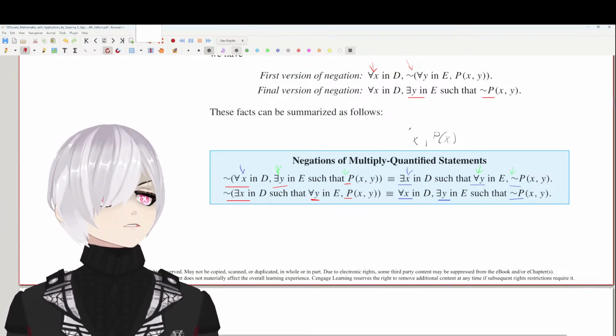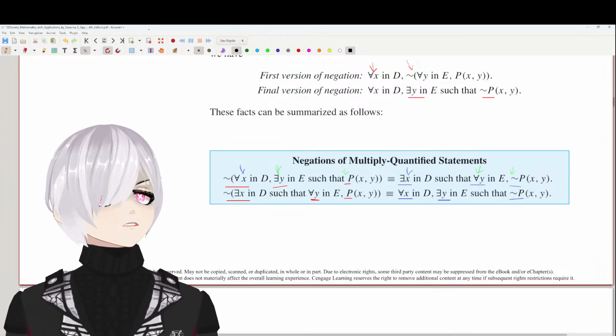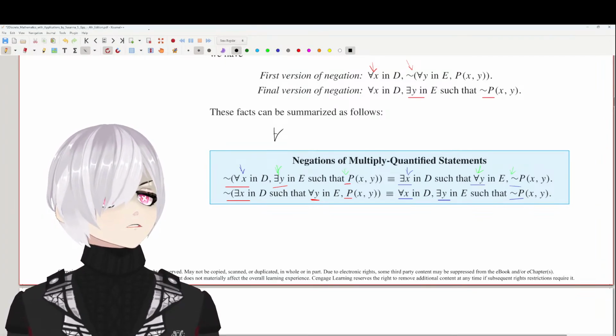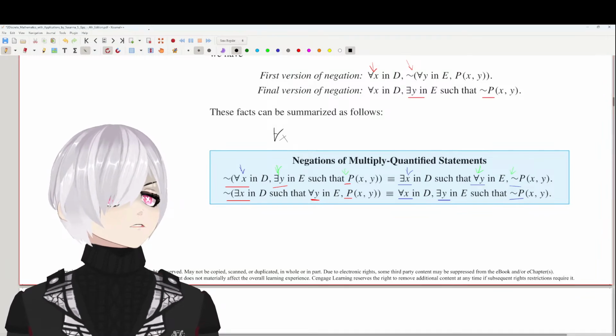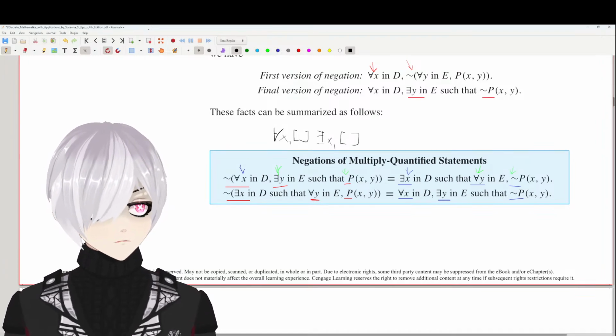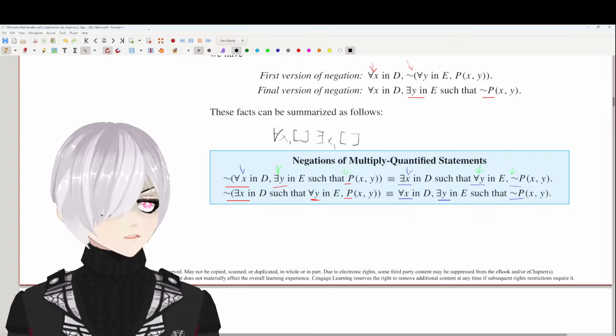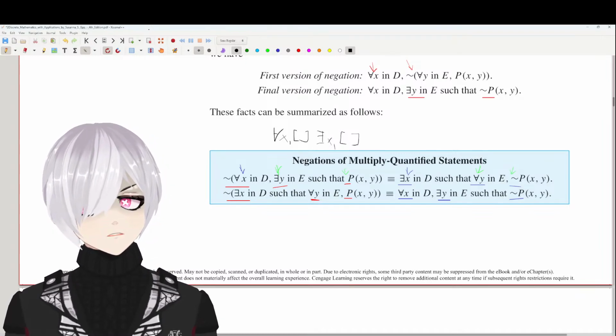It seems like the algorithm has always been, if you have a quantifier, whether it's for all or there exists, and its scope, you change the quantifier to the other quantifier, and you negate the scope.